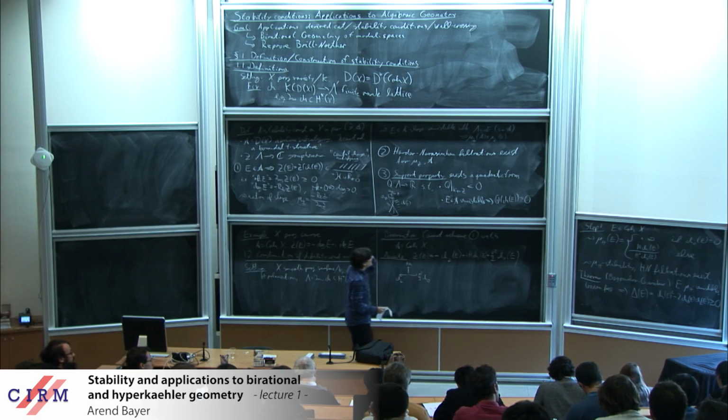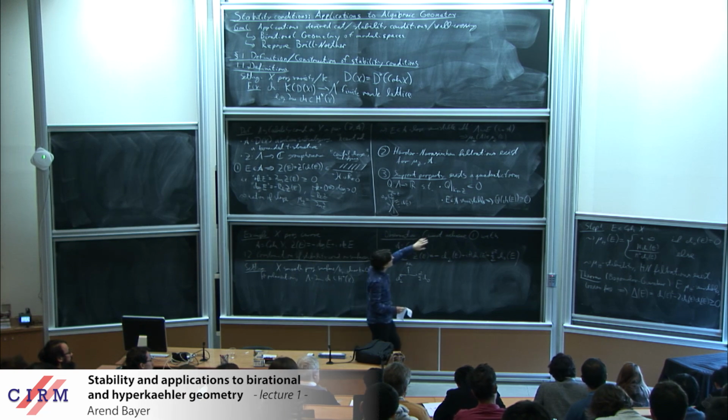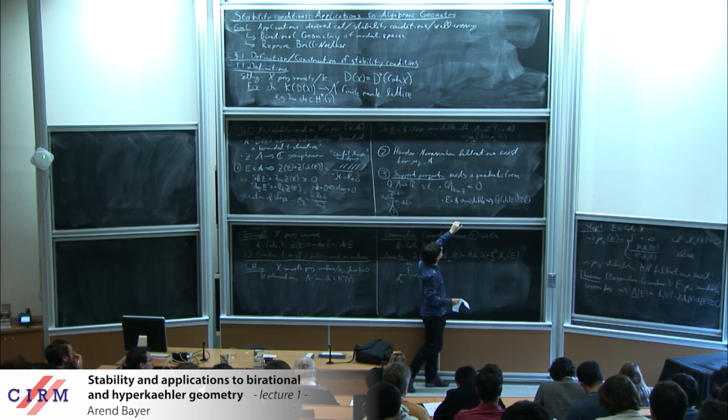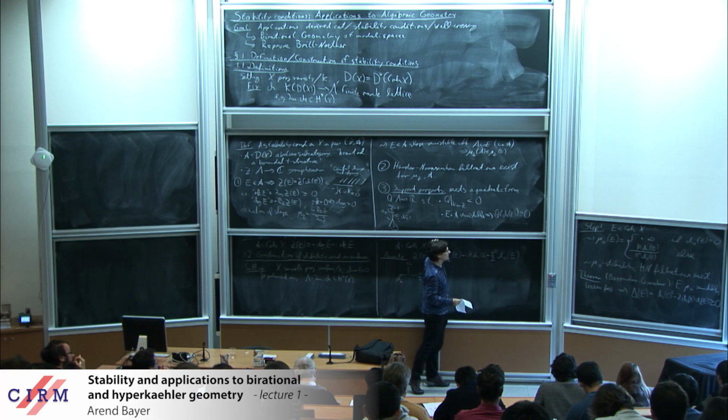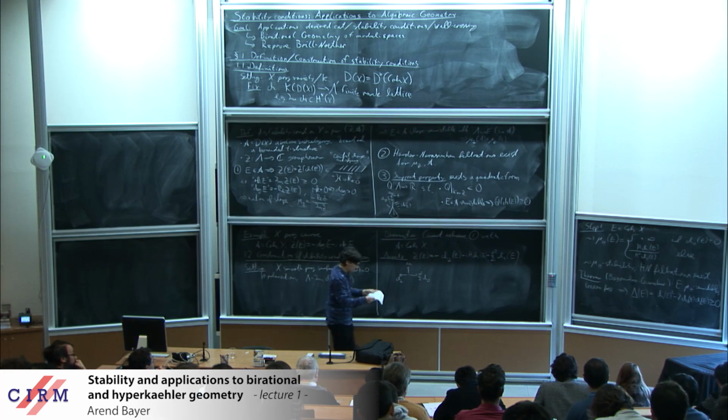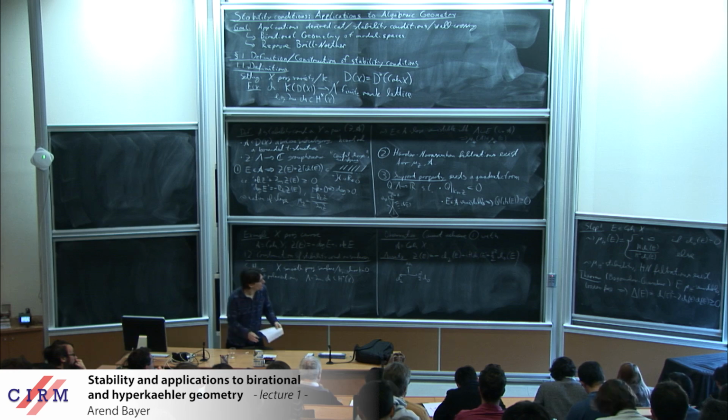Right, so it's precisely a quadratic form that's non-negative on semi-stable classes. It doesn't quite satisfy this one here. It's only semi-definite if you try to make the analogy more precise.